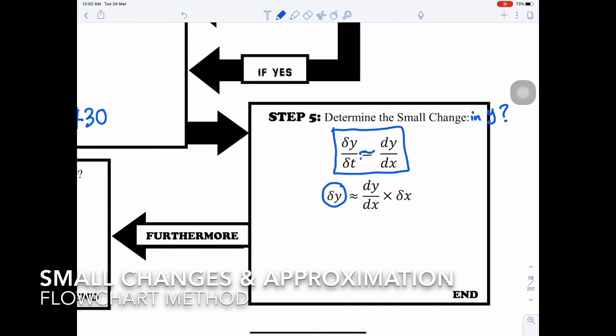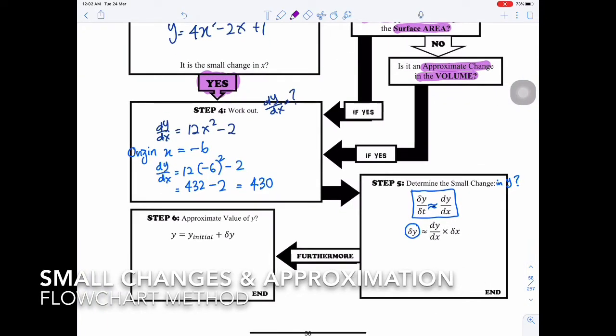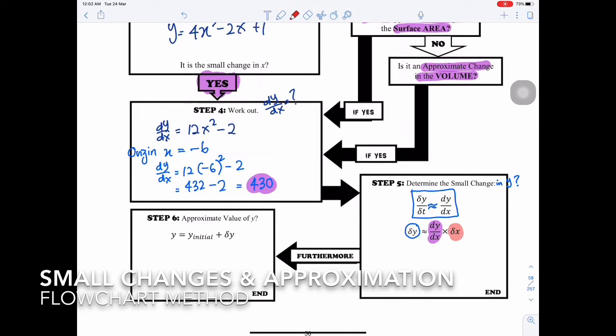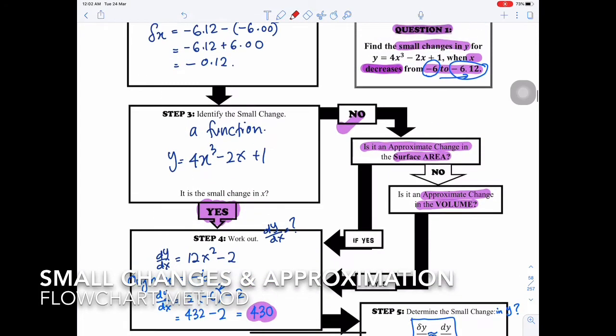Delta y approximates dy/dx times delta x. You know now the value of dy/dx equals 430, and delta x equals negative 0.12.